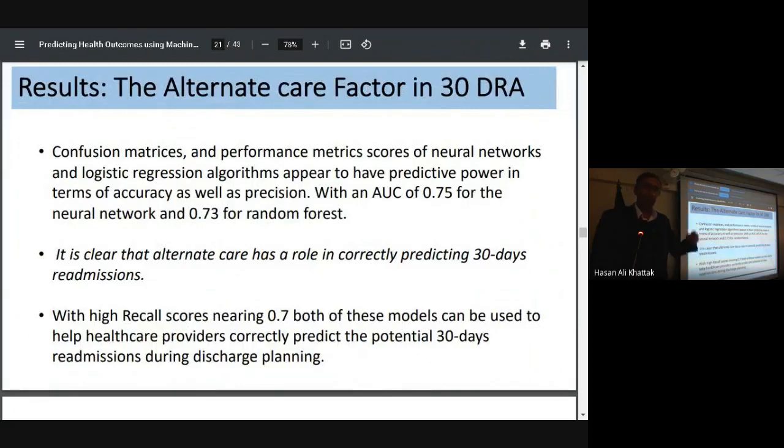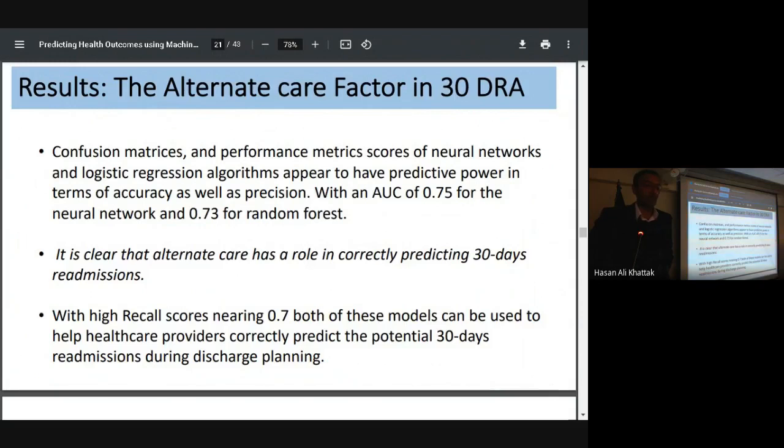Looking at the confusion matrices and the performance metrics, the neural network and logistic regression in our experiments appear to have predictive power in terms of accuracy as well as precision. For example, our results reveal that the AUC, area under the curve, is 0.75 for the neural network and 0.73 for the random forest.